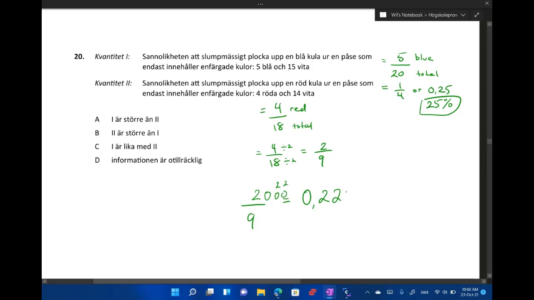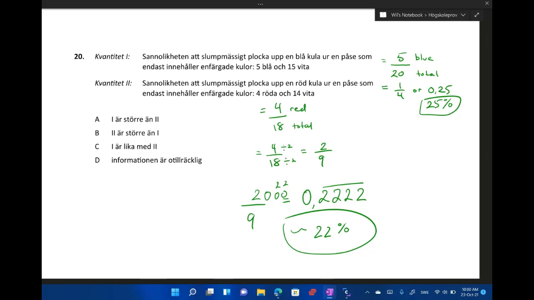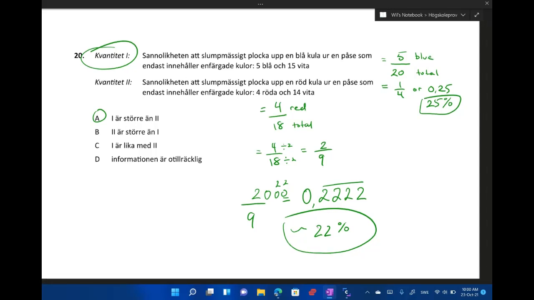So it's going to continue on forever. So it's roughly 22%, give or take. Well, now it's clear that the better percentage is pulling a blue ball. So quantity 1 has a better probability. So we'll say that our answer is 1 is bigger than 2. So our answer is A.